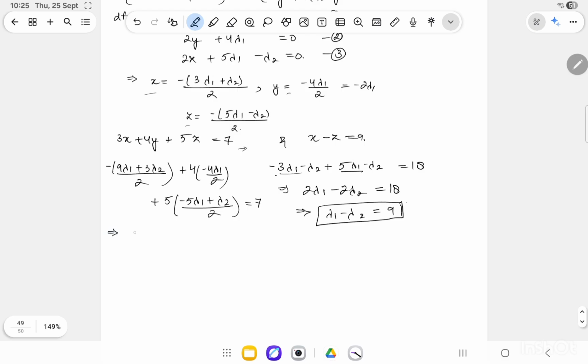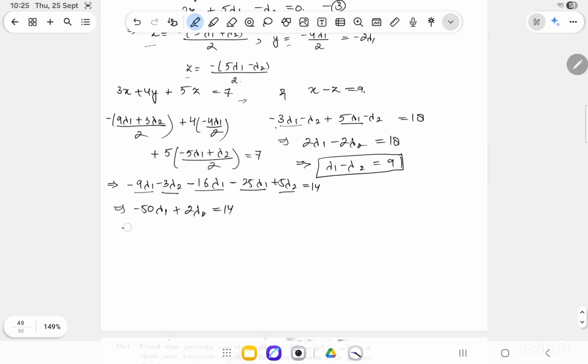So this basically gives me minus 9 lambda 1 minus 3 lambda 2 minus 16 lambda 1 minus 25 lambda 1 plus 5 lambda 2 equals 14. So from here, if I simplify it, it will be minus 50 lambda 1 plus 2 lambda 2 equals 14. That basically gives me minus 25 lambda 1 plus lambda 2 equals 7. So this is the second relation in between lambda 1 and lambda 2.